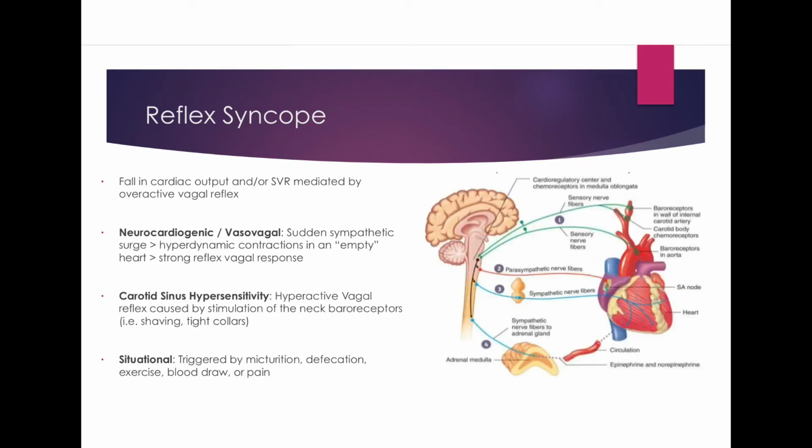In this diagram, it's illustrated the reflex arc of the vagal response. So it starts with the carotid sinuses just around the area of the carotid bifurcation.